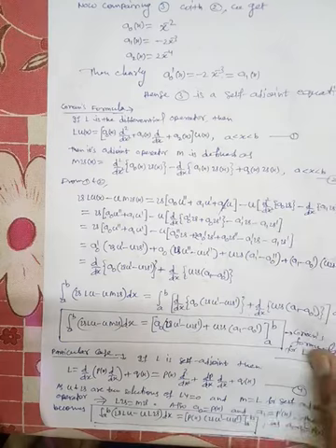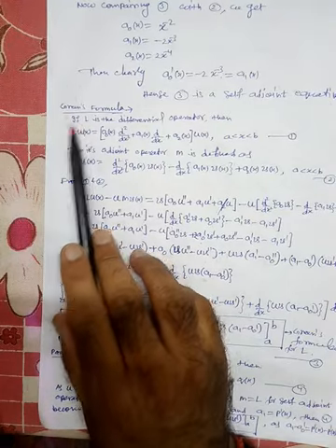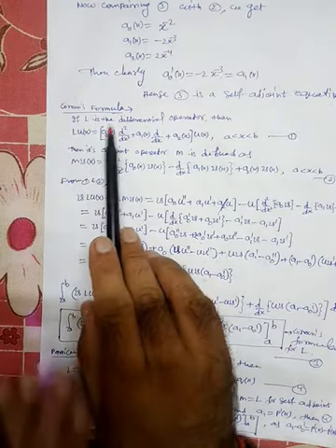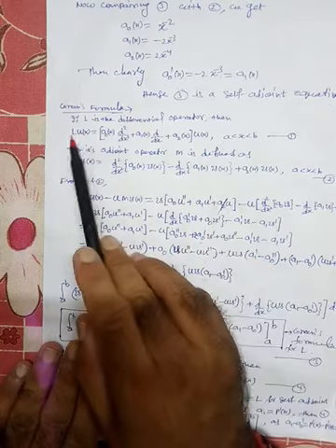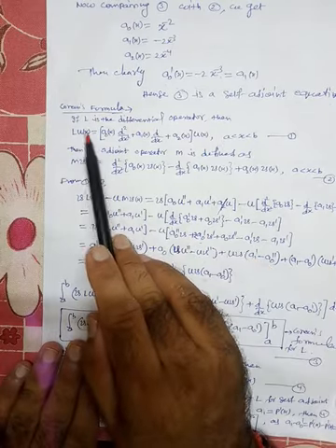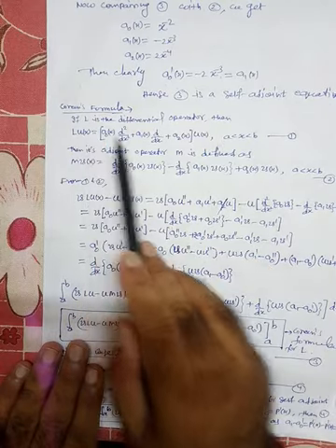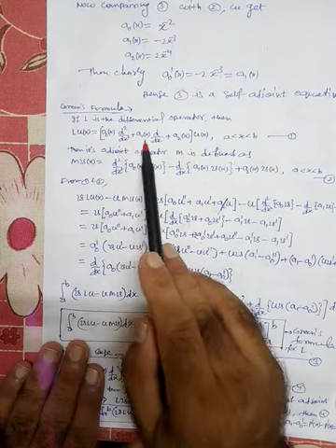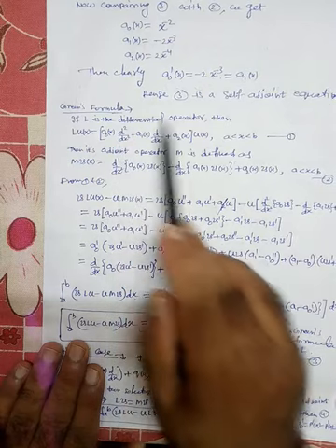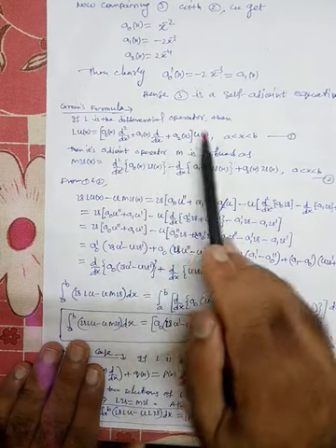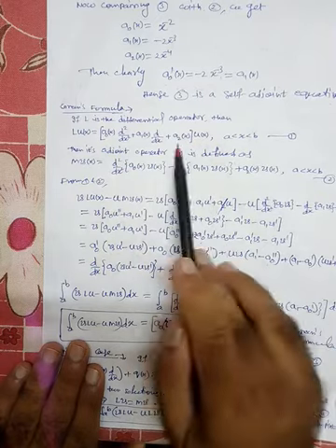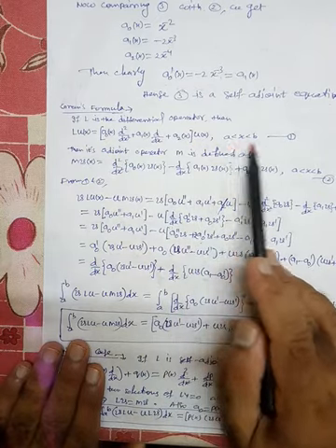Fine. Now the next is Green's formula. So if L, capital L, is the differential operator, then Lu of x is equal to a naught x d2y by dx2 plus a1 d by dx plus a2 x. This is L operated on u, where x is in between a and b.